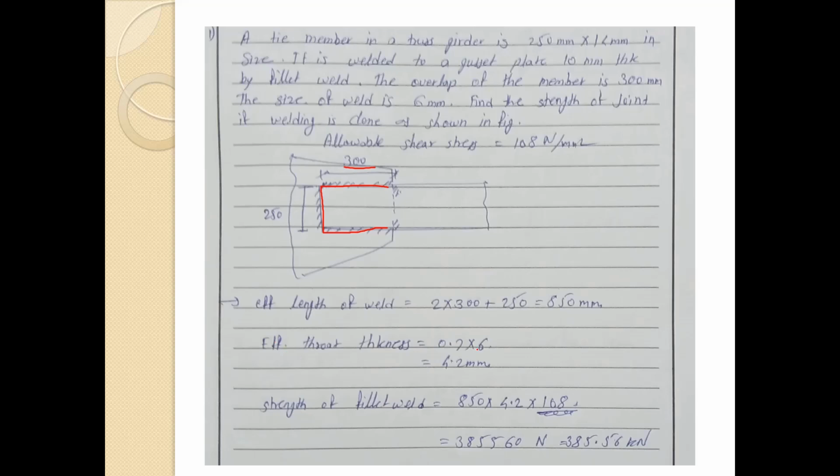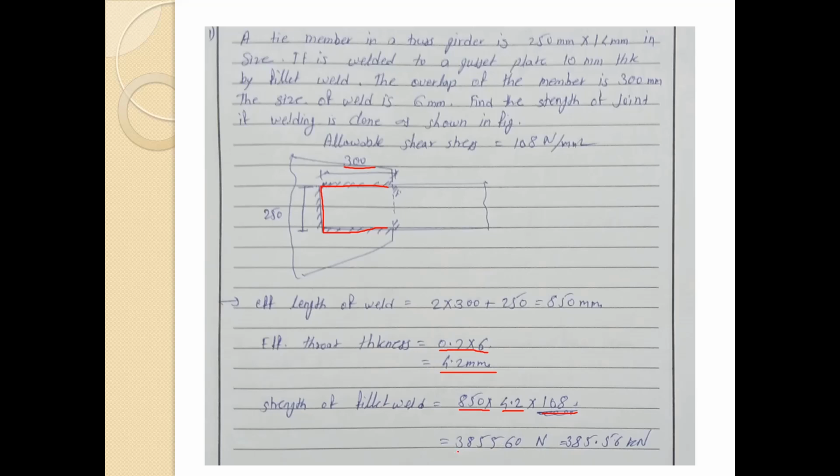So the effective throat thickness is 0.7 into 6. Remember, this is the fillet weld, so K into S. So that becomes 4.2 mm. So the strength of fillet weld is the length of the weld into the effective throat thickness into the shear strength.